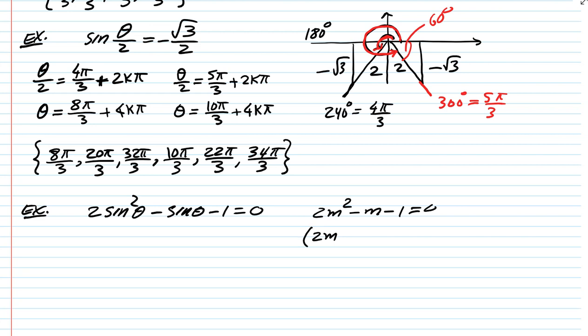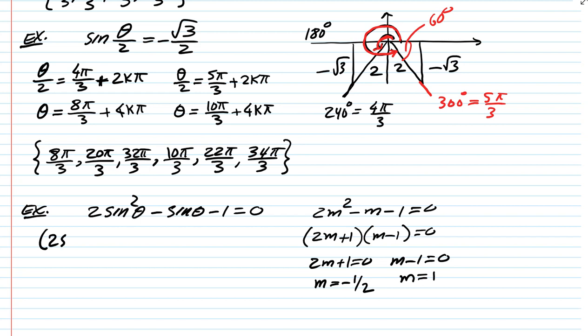Let's say you go 2m and m, and then let's go plus 1, minus 1, equals 0. That should work. Yep, that'll do. I'm thinking the outer-inner, negative 2 and 1 is negative 1m. Yep, that would work. So from this we get 2m plus 1 is 0, or m minus 1 is 0, so m is negative 1/2, or m is 1. Okay, so this one works the same way.